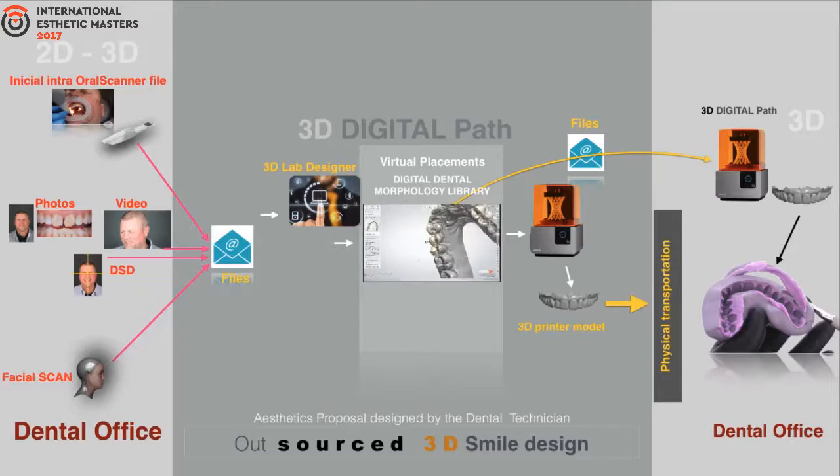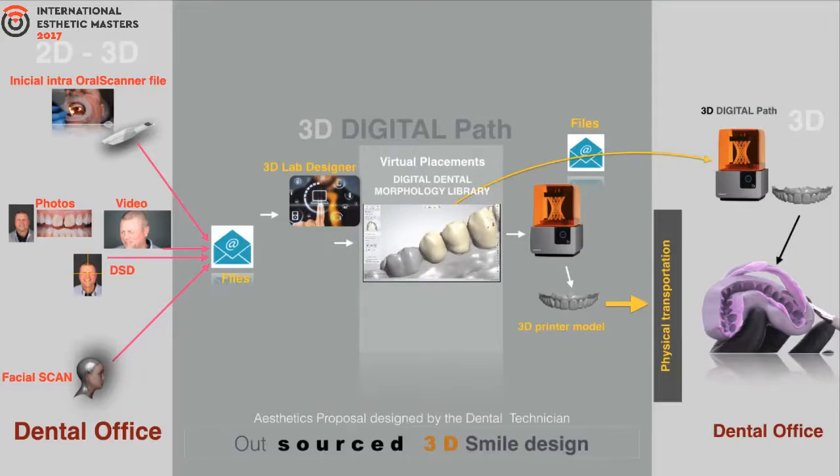Instead of having a live patient, he has her image, and instead of the physical composite veneer, he has a virtual library of natural teeth to choose from. This library is also extracted from natural dentition, same as a physical model.